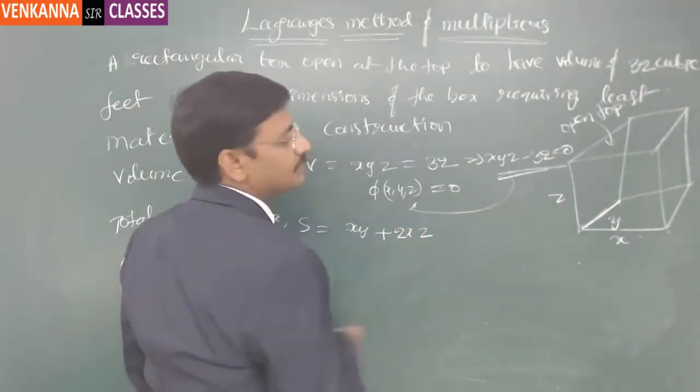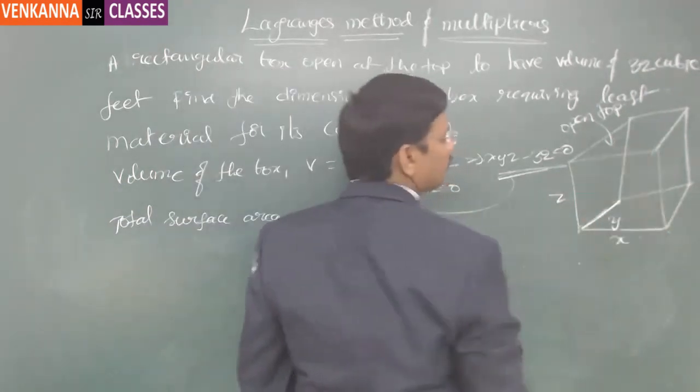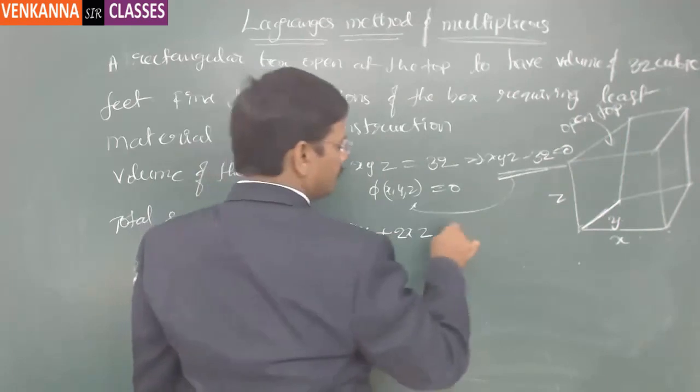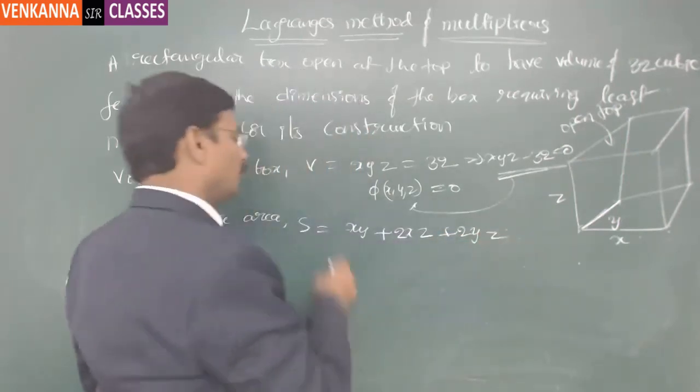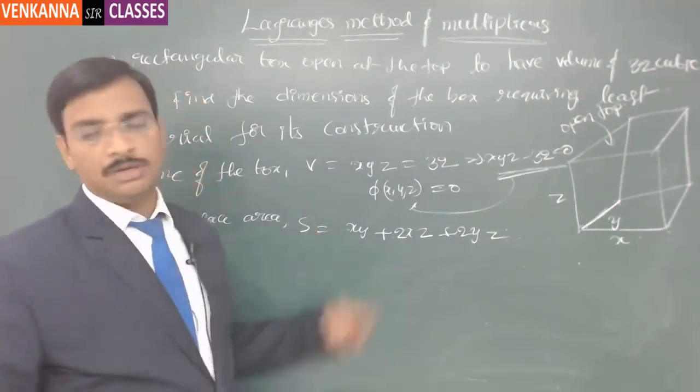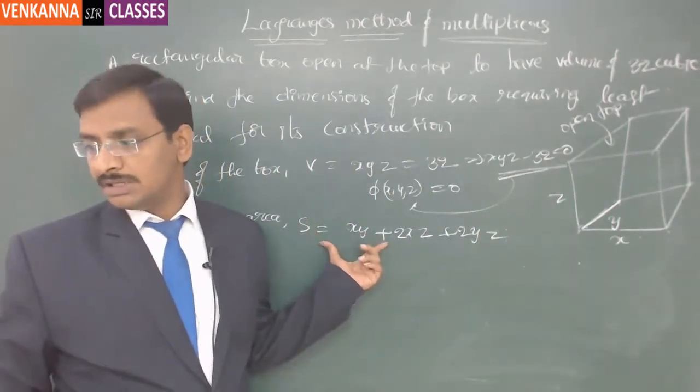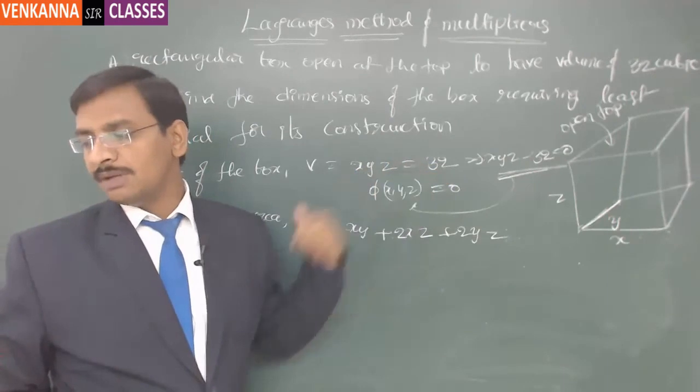So this is 2 times XZ because this is 1 XZ and the other side is 1 XZ, and then the other is 2 times YZ. So this is the surface. Now this is the function to maximize or minimize. So this is the function we are minimizing, subjected to the constraint given by this.